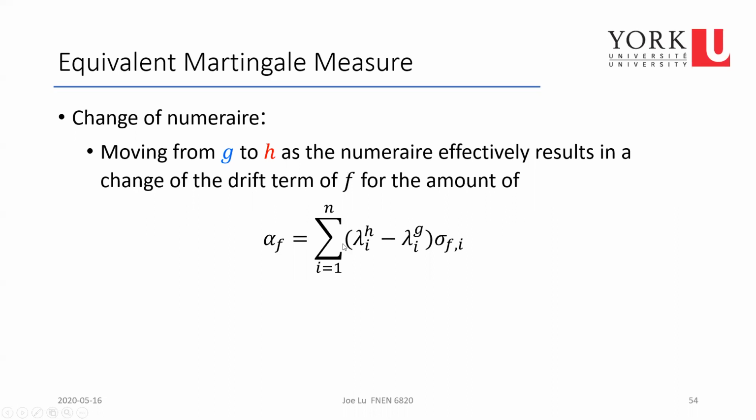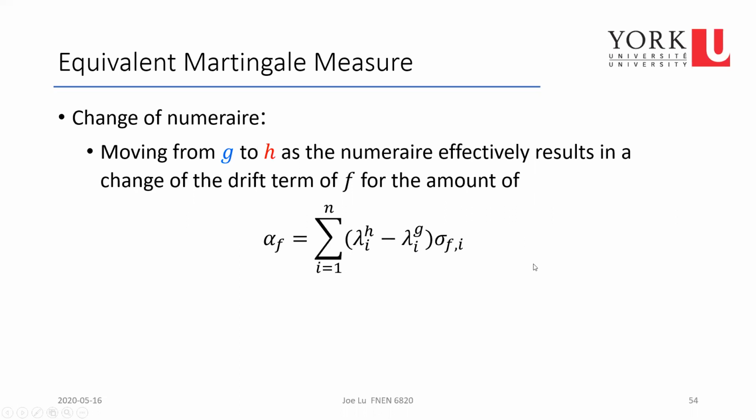If we switch the drift like this to change the process such that we can move from numeraire asset G to numeraire asset H, in this case, we'll have to deal with every single risk factor I if we have a multi-factor process.